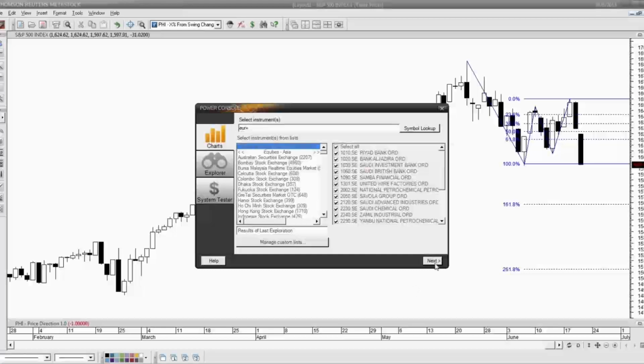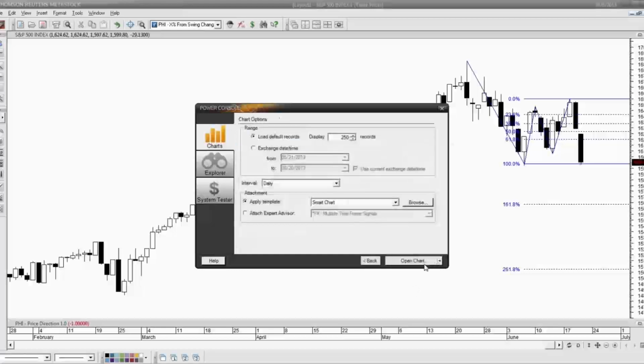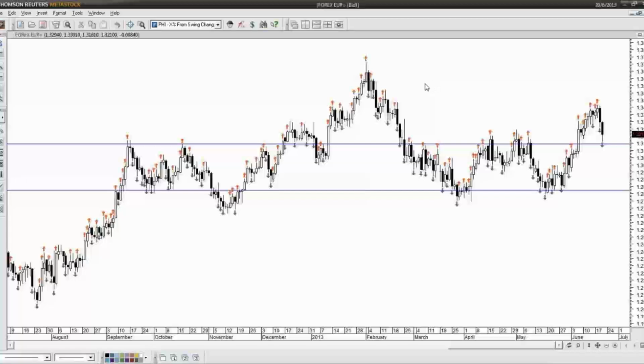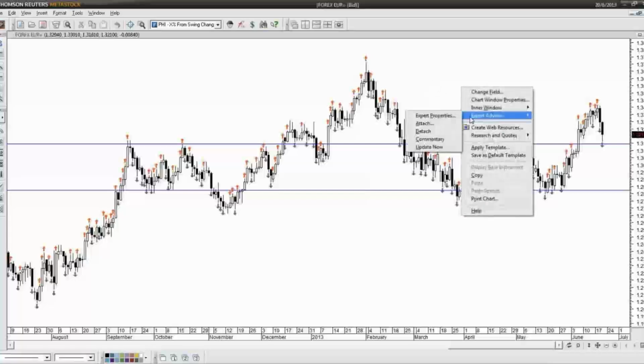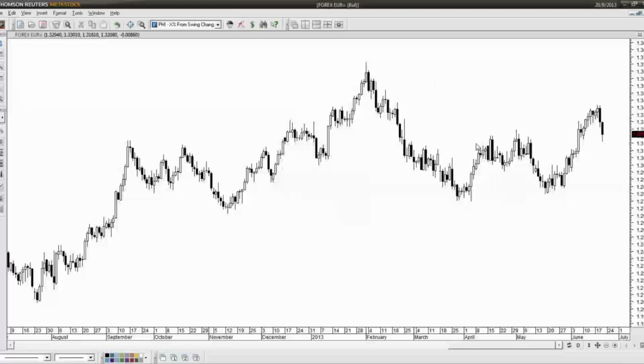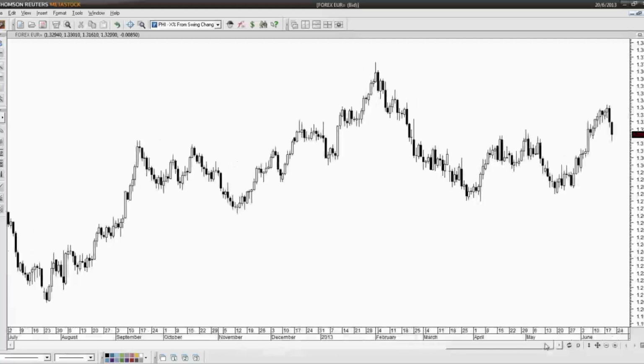And now going to the euro. No, let me remove this expert advisor. Okay, so what do we have here? Again, the market was coming down, starting from this part.